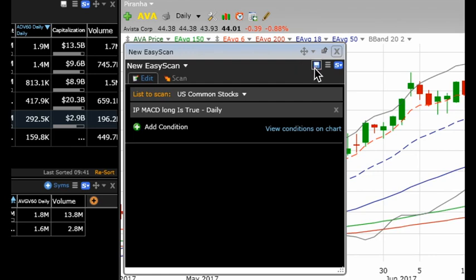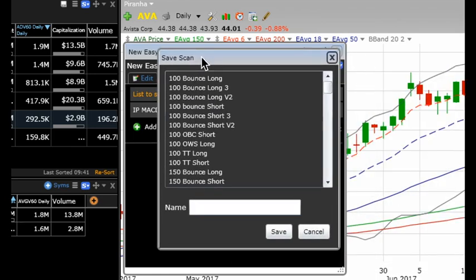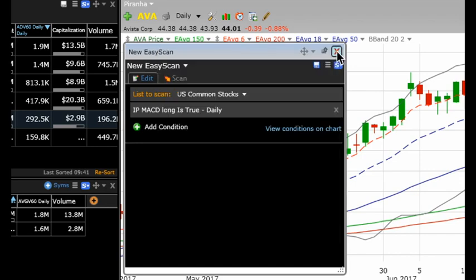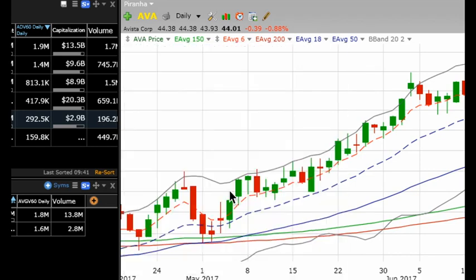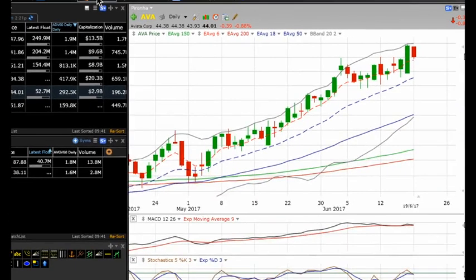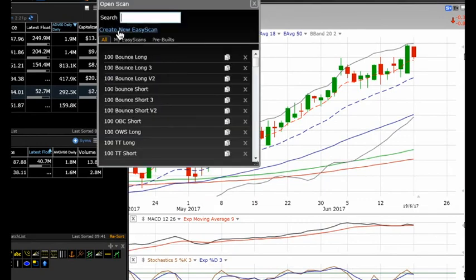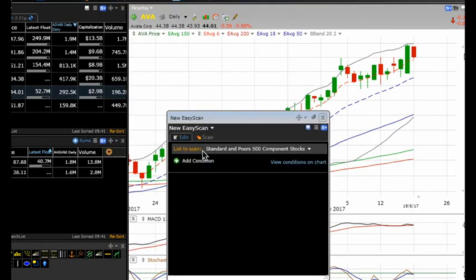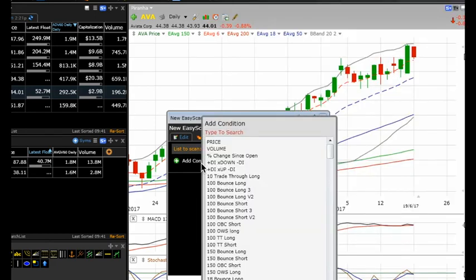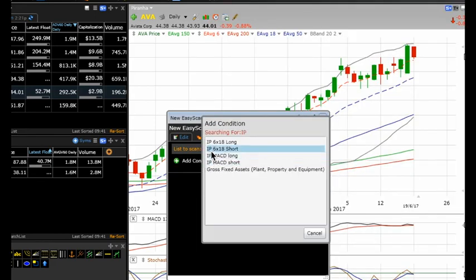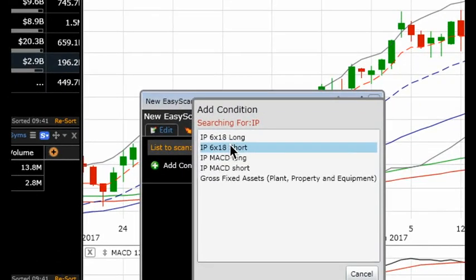And then you save it as, again, similar name, impulse pullback MACD long. Save. All right. Next one will be the create new easy scan. Again, scan all US stocks. Next one will be the impulse pullback 6x18 short. All right, and then following that will be the MACD short. All right, got it?